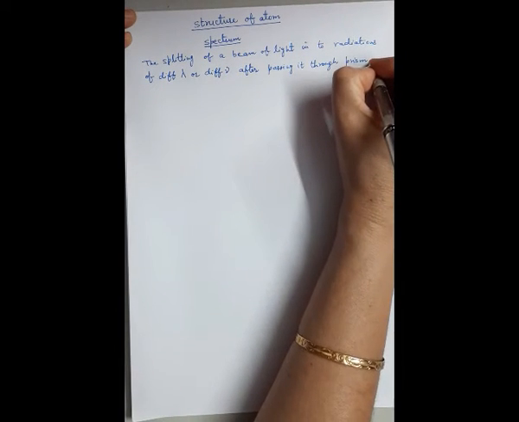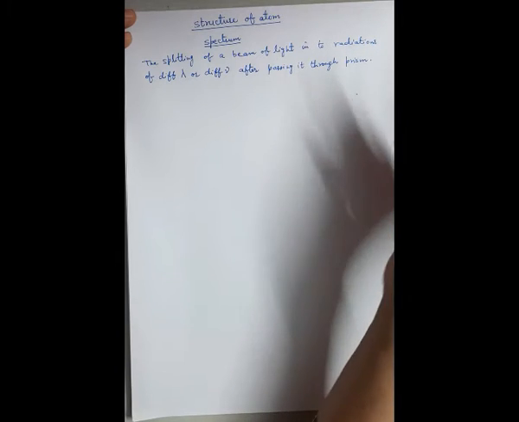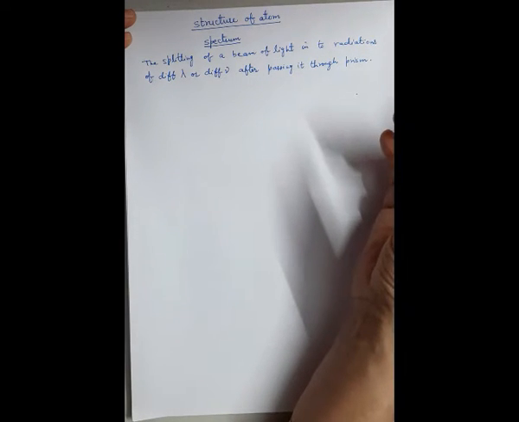This phenomenon is called dispersion, but the pattern of radiations which are obtained after dispersion is called spectrum.